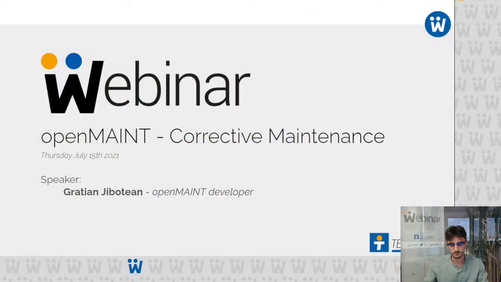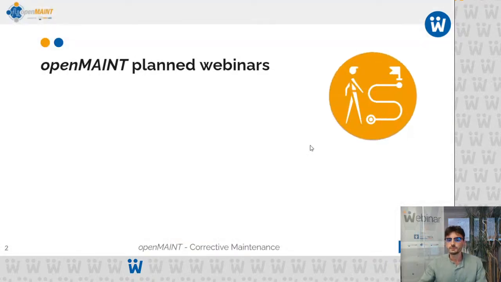But before diving into today's argument, let's just take a quick review of openMAINT's roadmap regarding webinars. The first webinar was a general overview of the application with a focus on the inventory.